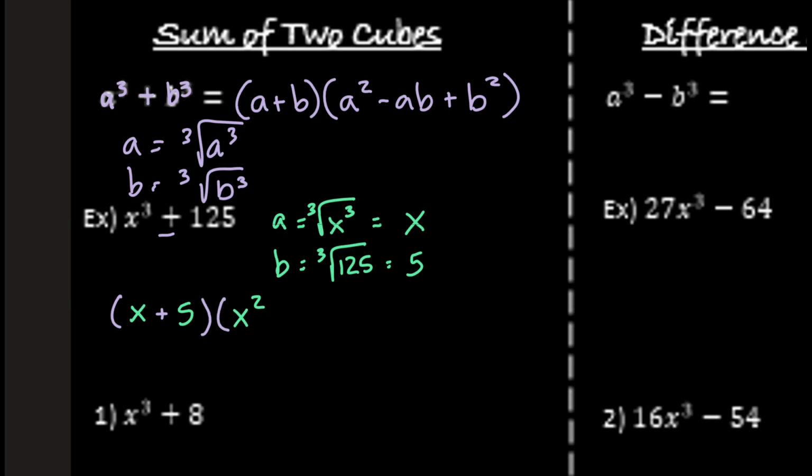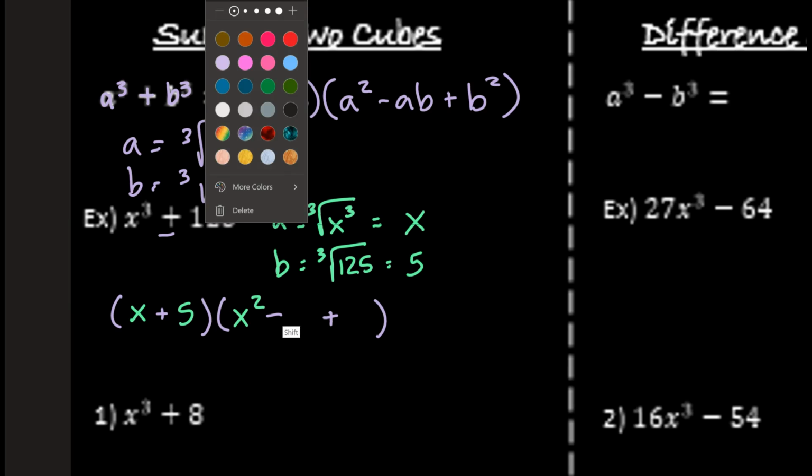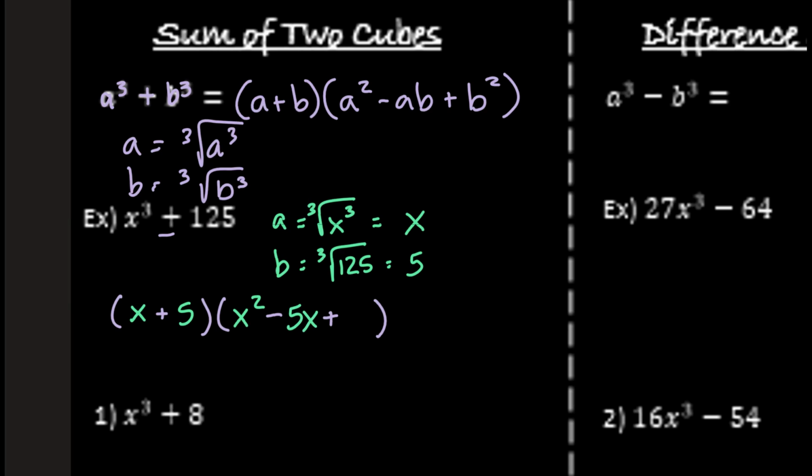Minus a times b. What is a times b? Just 5x. A times b is just 5 times x. We cube rooted it, so it went away. And then we have b squared. What is b squared? 5 times 5, which is 25.